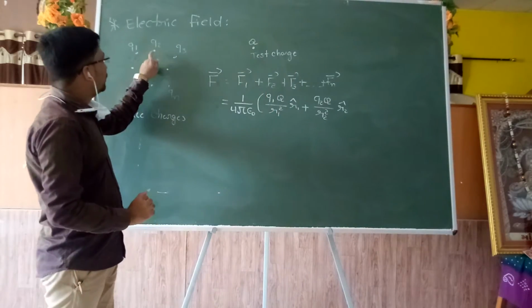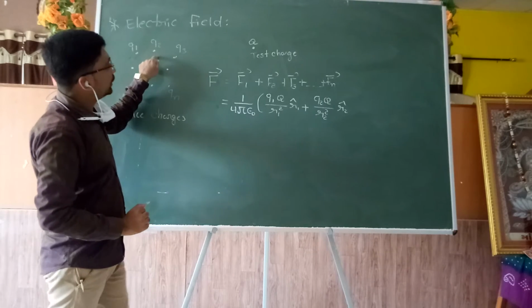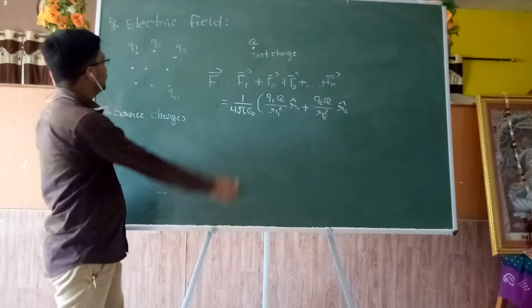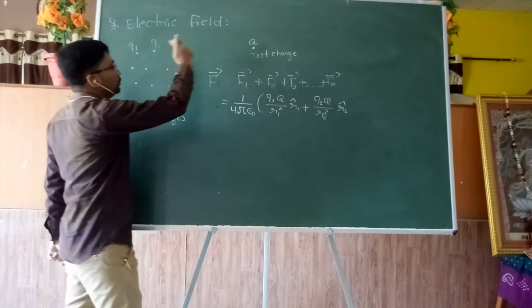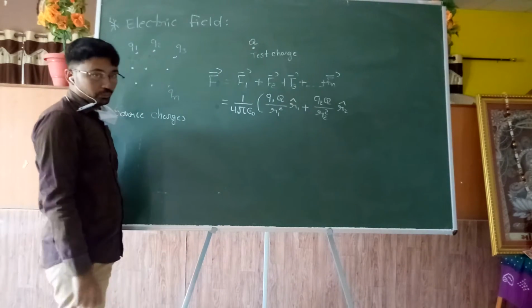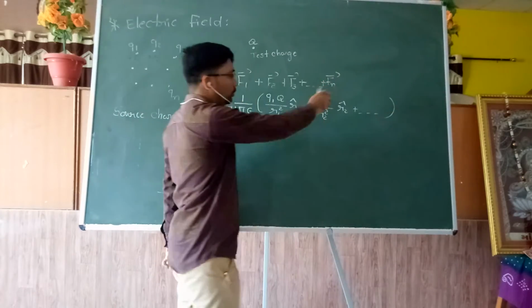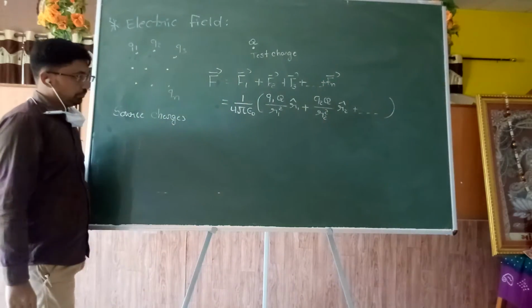This is the force due to source charge Q2 on test charge Q. R2 is the distance from source charge Q2 to test charge Q. Similarly, plus up to source charge Qn.